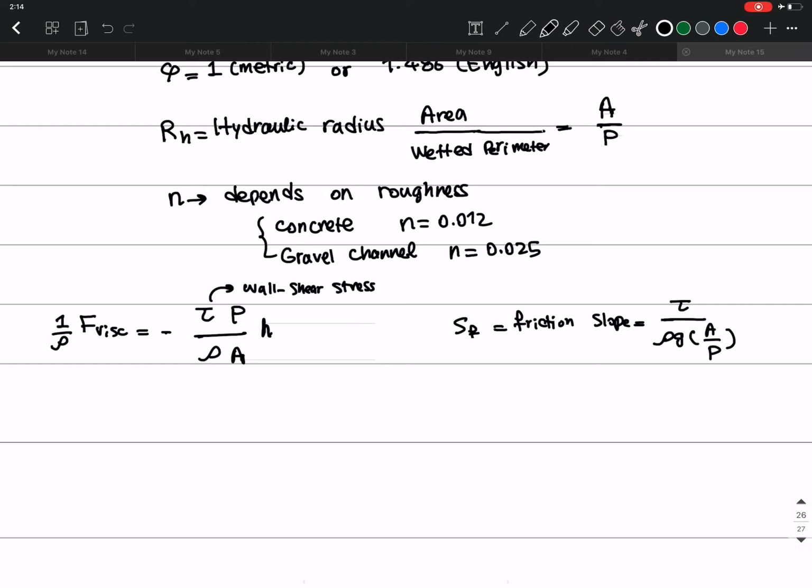So now we can combine these two equations together to get the viscous force in our problem.